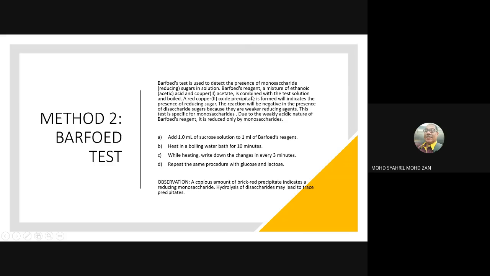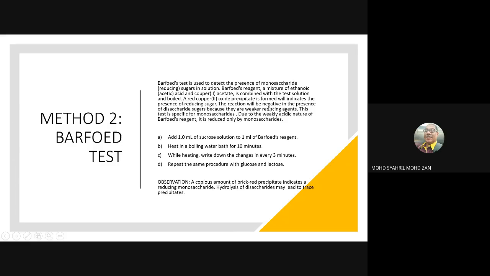So what is inside the Barfoed reagent? A mixture of ethanoic acid and copper 2 acetate. Again we have copper. It is combined with the test solution and boiled. The red copper 2 oxide precipitate formed indicates the presence of reducing sugar.